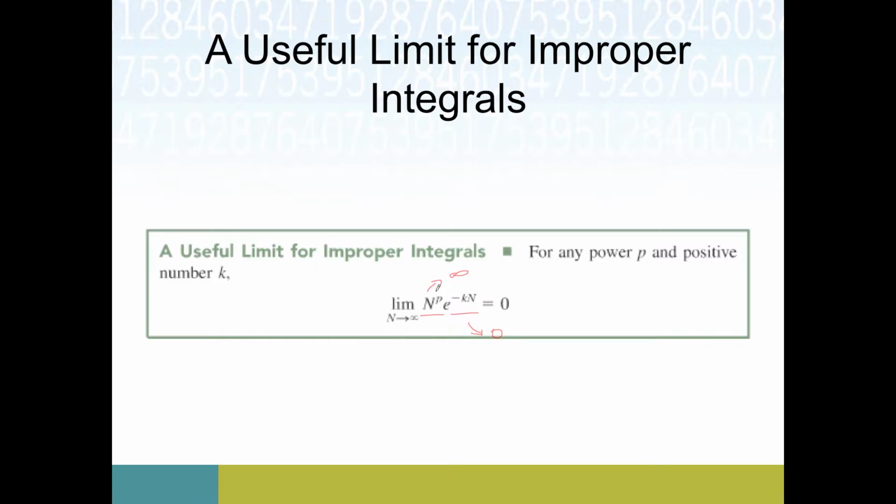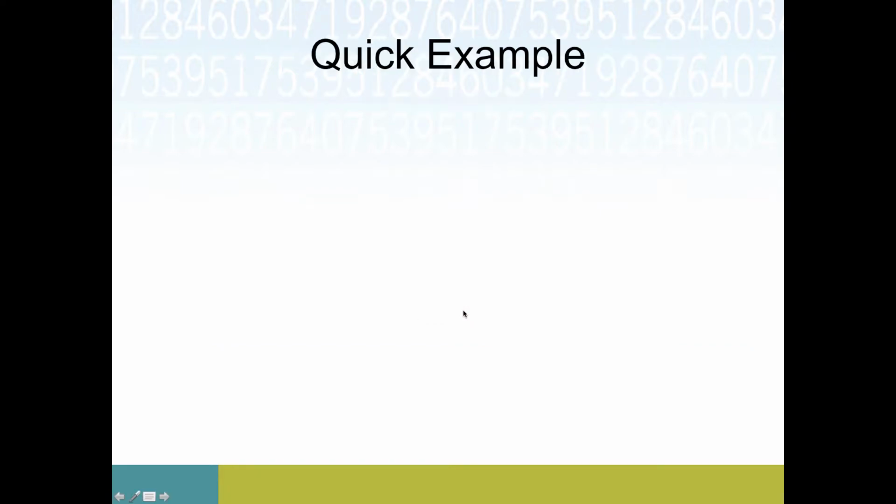It doesn't matter how big this exponent is. It could be n to the 15th power and e to the negative 0.0001n. Eventually the e to the negative part will win out. To illustrate this key fact, because this limit comes up a few times, visually we can see a specific case: x cubed times e to the negative x.